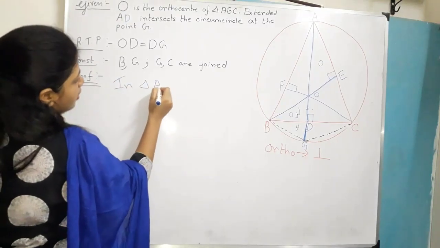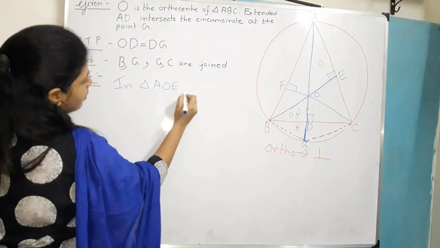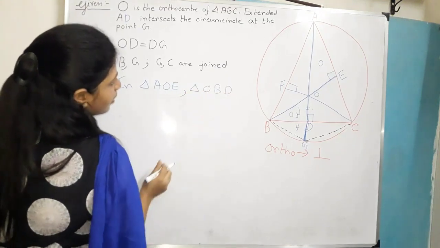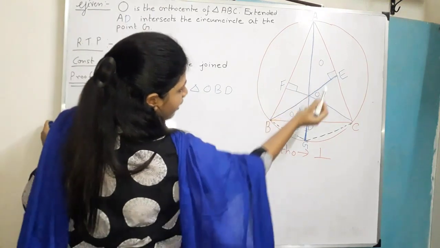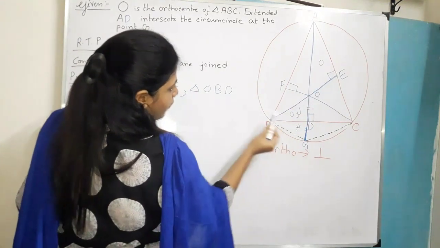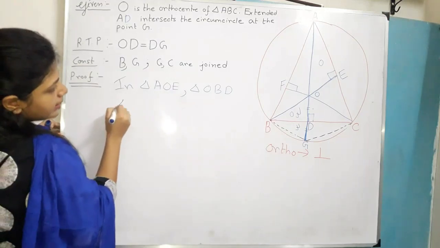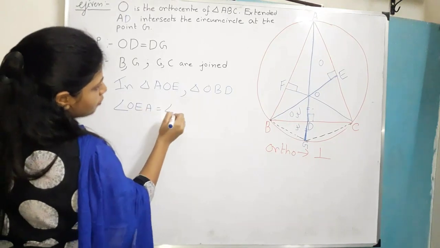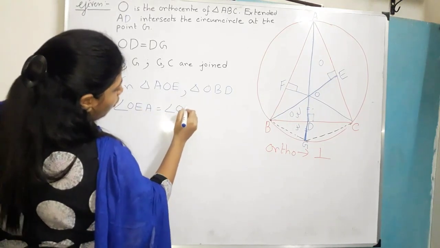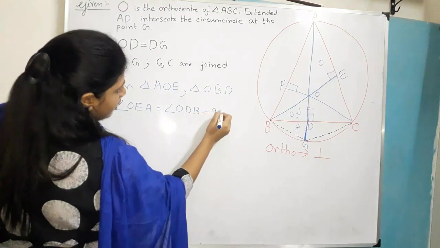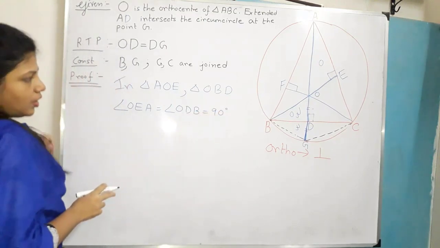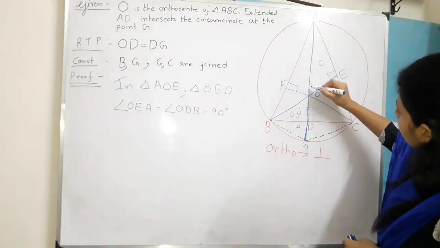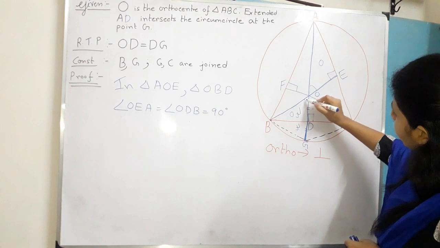So in triangle AOE and triangle OBD, first I can say that angle OEA equals angle ODB equals 90 degrees. Next, if you observe properly, these two are vertically opposite angles.